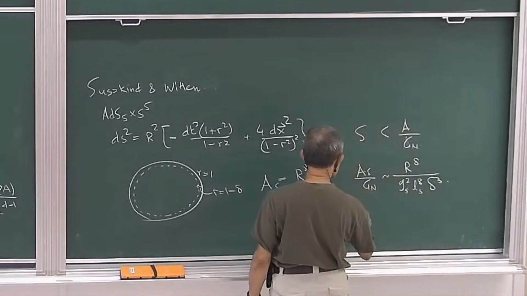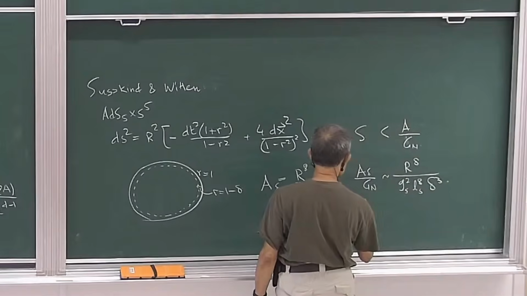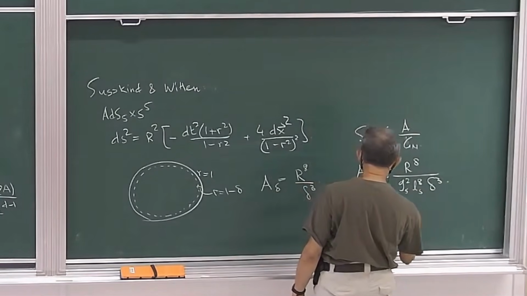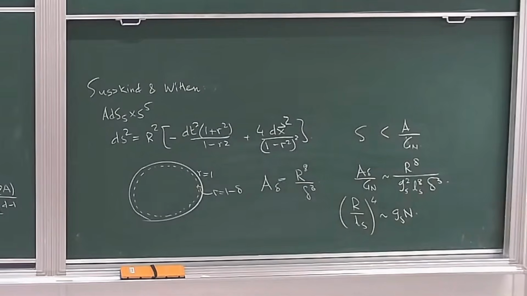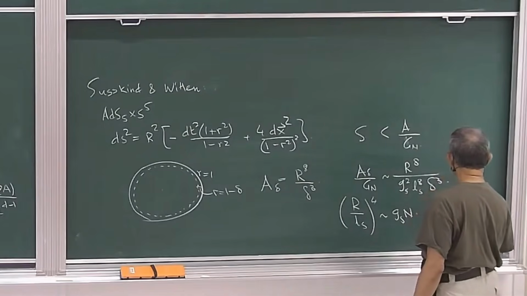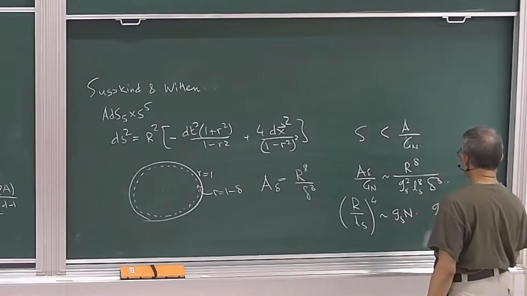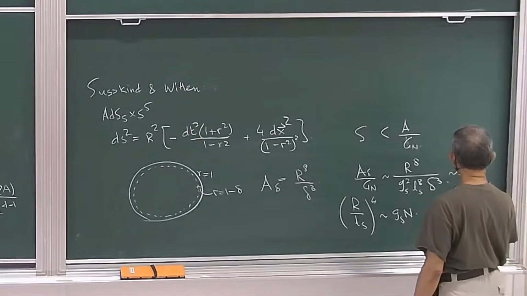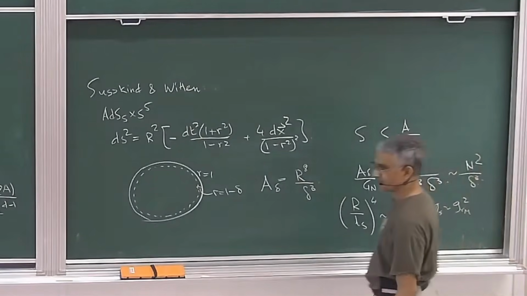They use the standard relationship between these bulk quantities and the string theory coupling, where g_s is the Yang-Mills coupling squared. This becomes N squared by delta cubed.